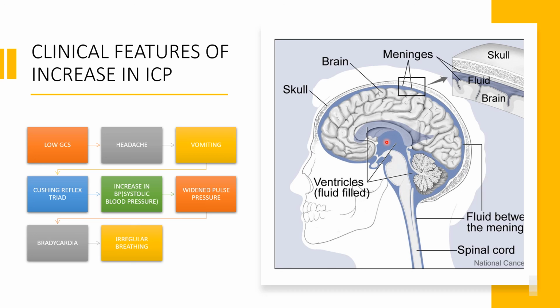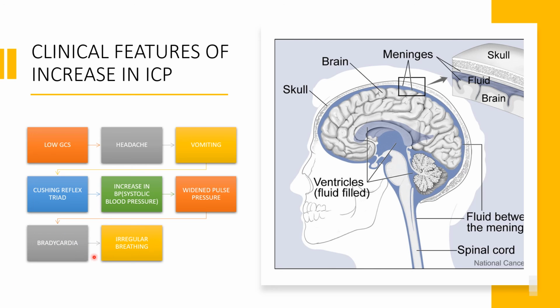The body has a compensatory mechanism for everything, it will try to compensate. So as a compensatory mechanism, the body will activate the parasympathetic nervous system, which causes a decrease in the heart rate, that we call bradycardia.